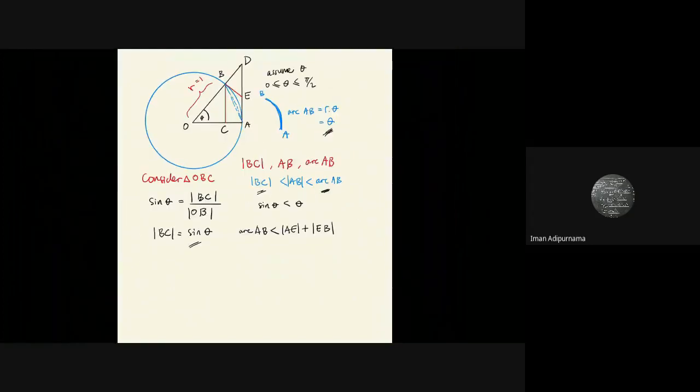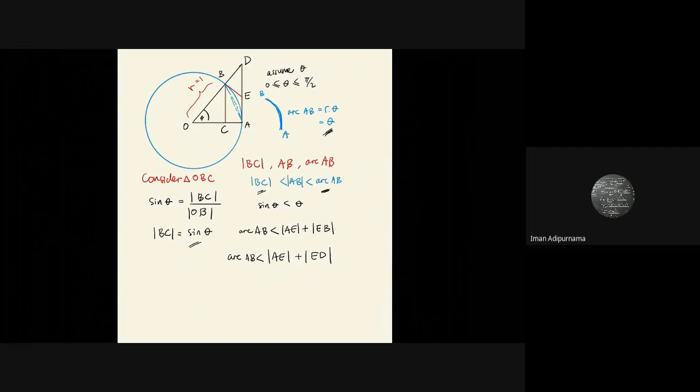And if you see AE and ED, of course the arc AB is less than AE plus ED. I'm guiding you one by one to see the geometric perspective.